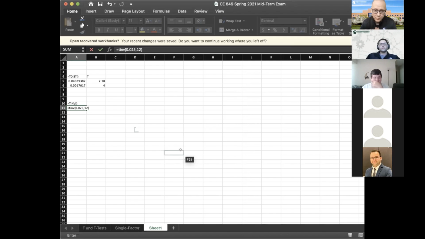What this will give you back is the t-statistic that corresponds to that probability and that number of degrees of freedom. But if I hit enter here, you'll notice that's not giving me that 2.18 back, it's giving me 2.56, okay? I didn't even check when I went through, I just plugged that back into the sample solutions. My apologies for that, but I will go back and give those points back to anyone. But we want to set that to 0.05 here, and that's where the 2.18 comes back.